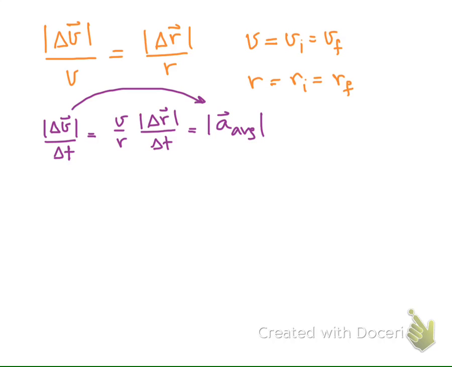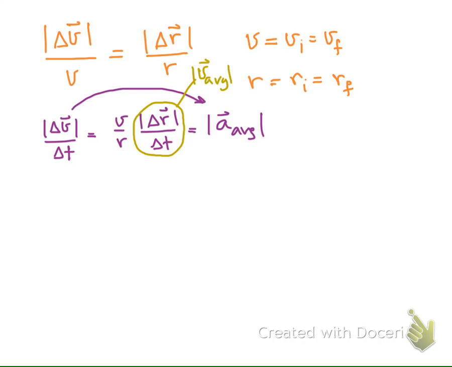You can also see that the magnitude of delta R over delta t is the magnitude of the average velocity.